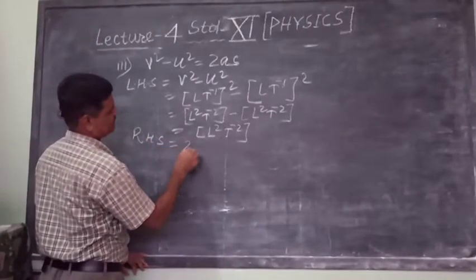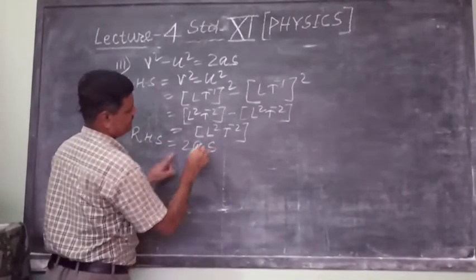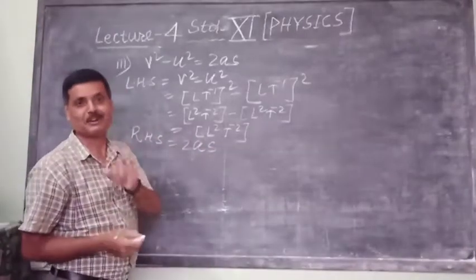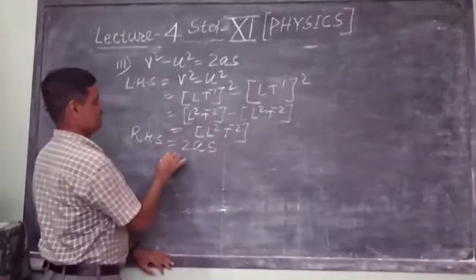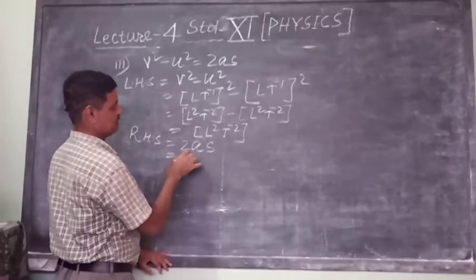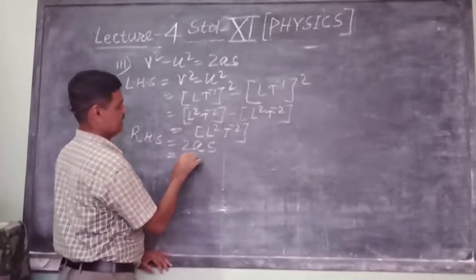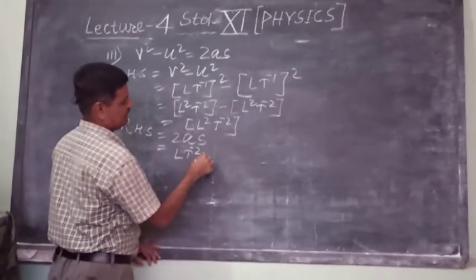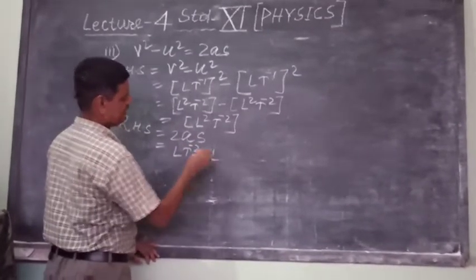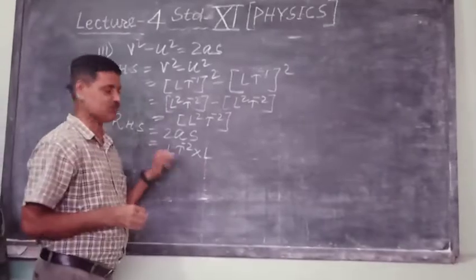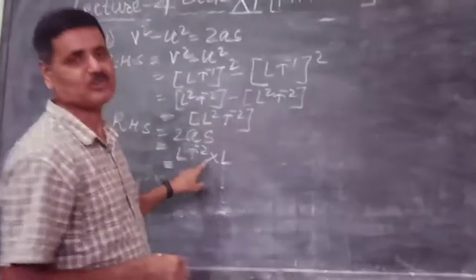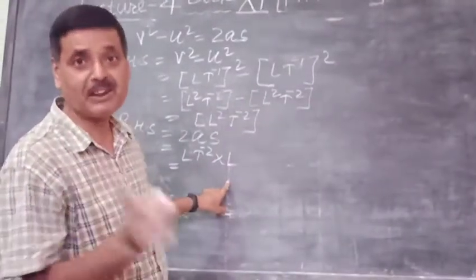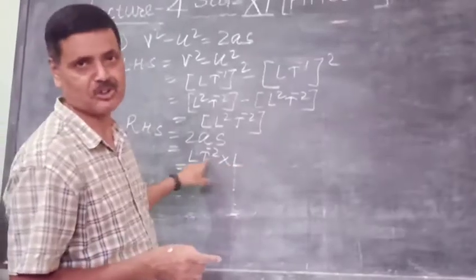Very easy. 2s: 2 is a number, and a number is a dimensionless quantity having no dimension. This is your a. a represents acceleration, LT^-2, and s is your L. Multiplying these two, L^2 T^-2 will be the dimension of this.